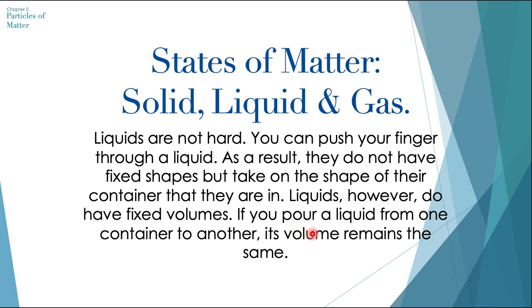So, the difference between liquids and solids is that solids have their own shape and fixed volumes, but liquids take on the shape of their container and have a medium density. So that is why they're softer than solids and they flow. They have a flowing consistency, whereas solids have definite shapes. But liquids do have fixed volumes. They might not have definite shapes, but they have fixed volumes.